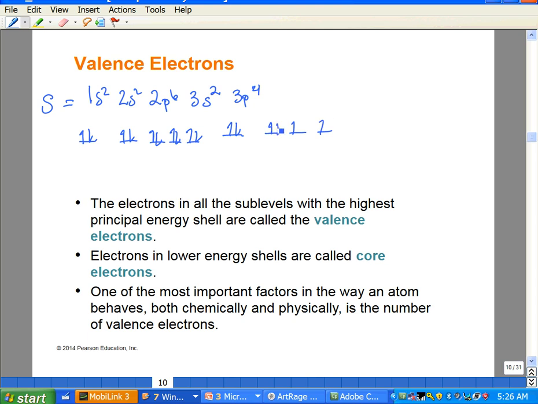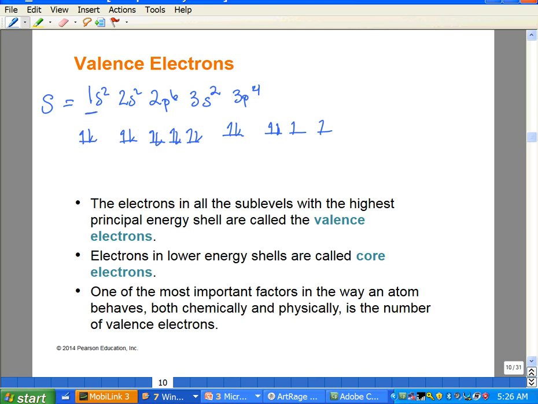Okay, so this is the electron configuration for sulfur at the top, the orbital diagram notation for sulfur at the bottom. If we look at the energy shells that are completely filled to their maximum capacity, what energy shell do we have there that's filled to maximum capacity? So let's look at the whole energy level.